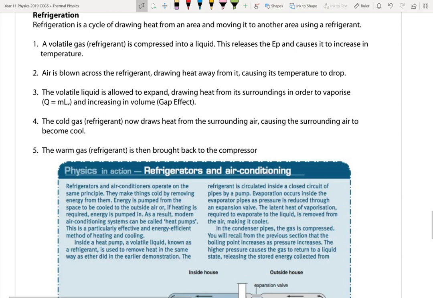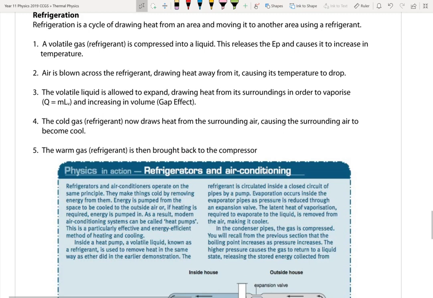So what we do, we compress a refrigerant into a liquid, okay, which causes it to become very, very hot. So not only are we using the gap effect, we're also causing it to change into a liquid. So we get this hot liquid, okay? If we can run this hot liquid through some metal coils, and have those metal coils matte black, which are very good at radiating out heat, we can allow that heat to move away.